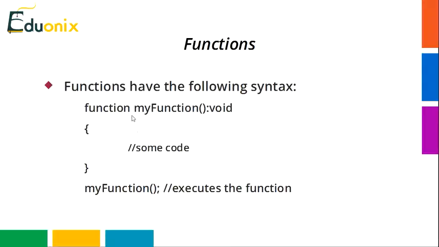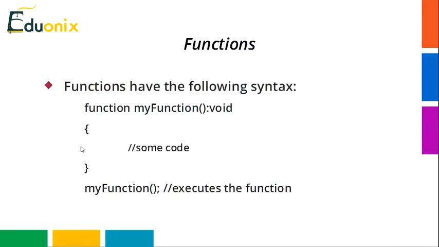The function keyword, then you would give the function a name. By convention it starts with a lowercase letter, and any other words start with an uppercase letter. Parentheses are then used, open and closing, then a colon, and then an output type. In this case, void means that there's no output.